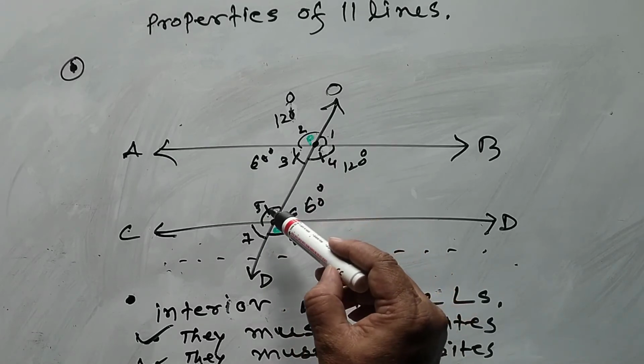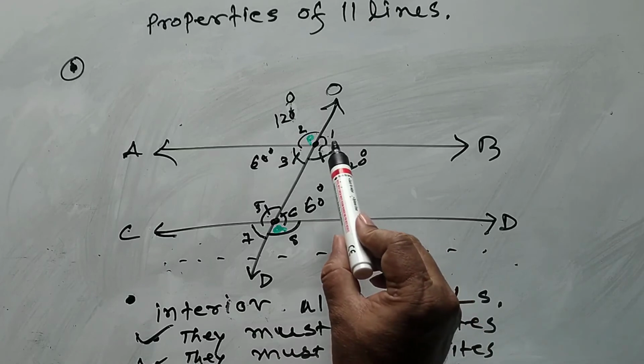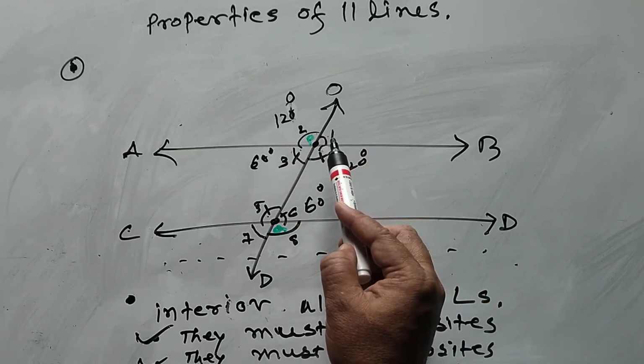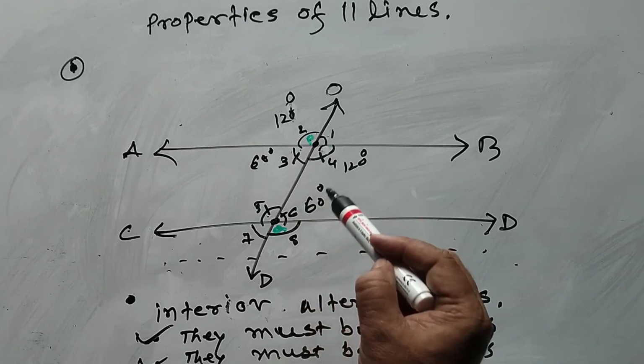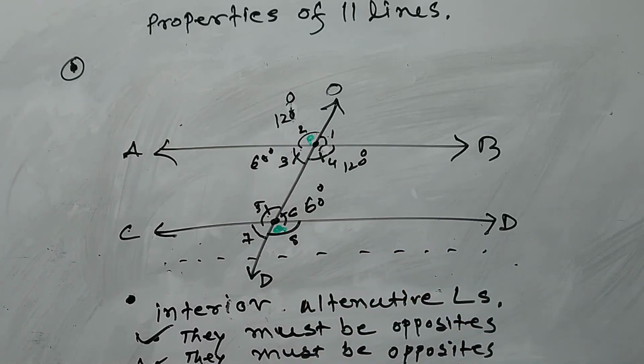Angle 4 and 5. Then the exterior angles: angle 1, angle 2, angle 7 and angle 8 are exterior angles.